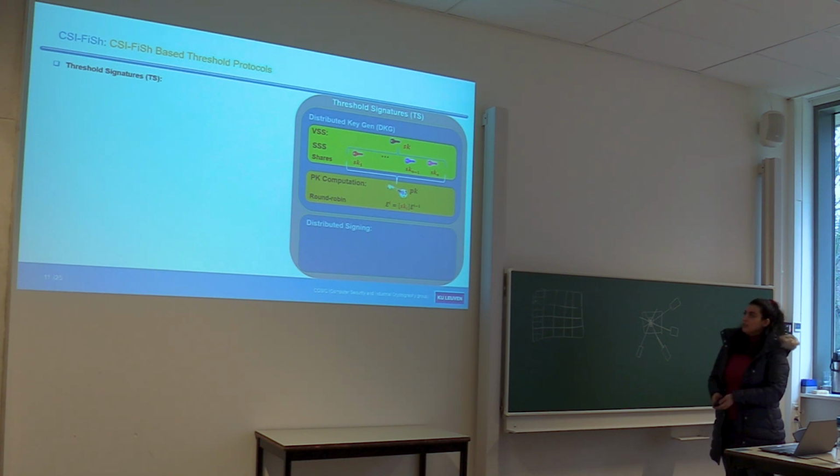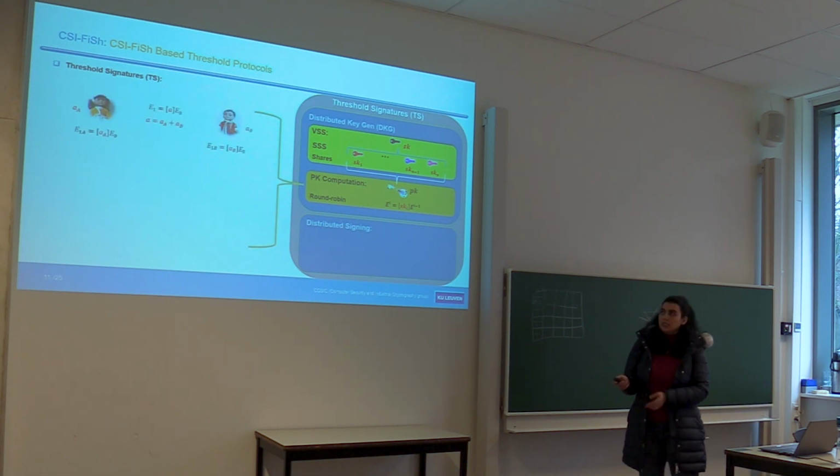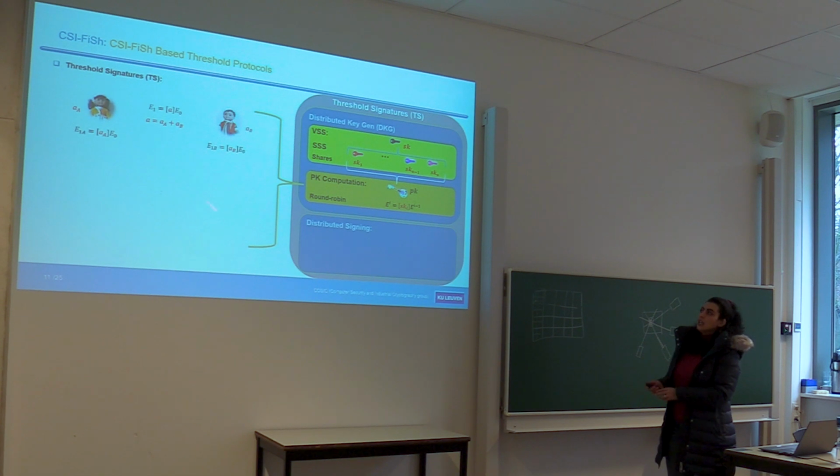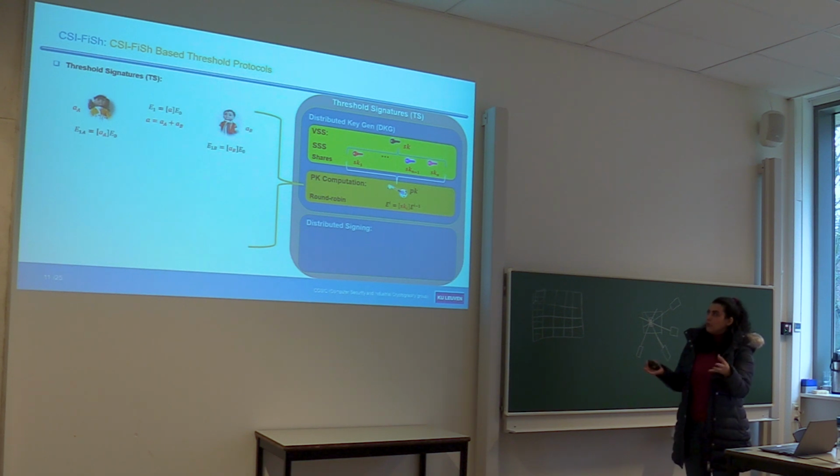What is this round robin? As I mentioned, for example, when we have two parties, imagine that this secret A is divided and given to both parties, and party A has A_A, and party B has A_B, and they want to compute the public key jointly.